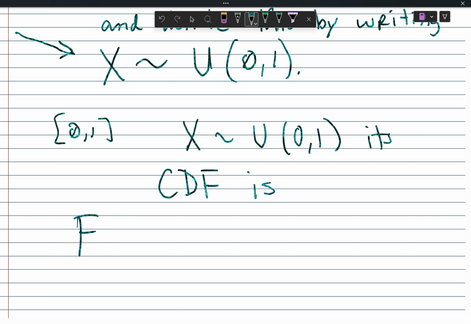We have F sub X of x is equal to P(X is less than or equal to x).